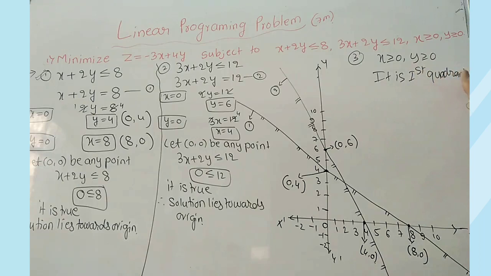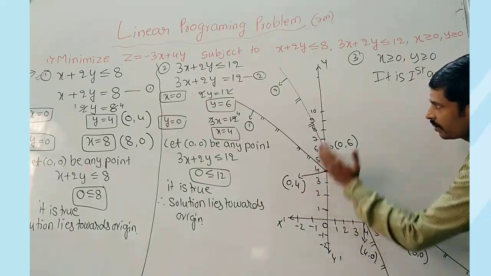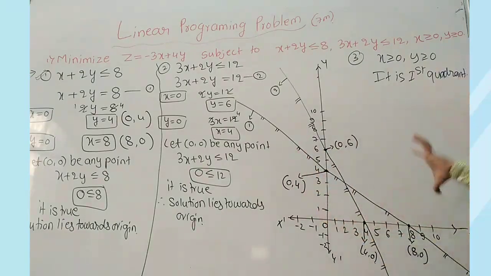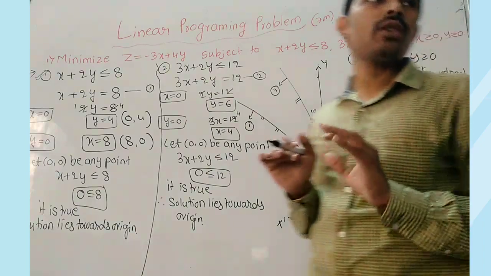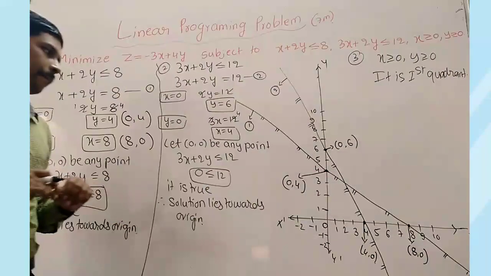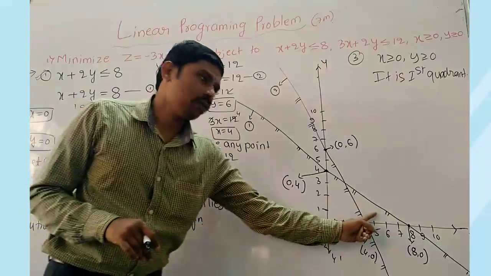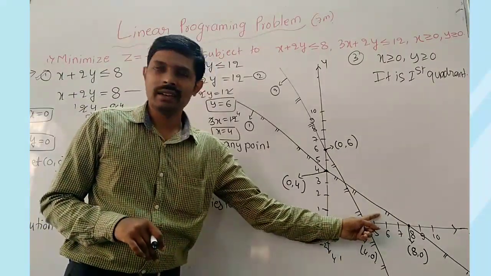It is the first quadrant. So students, now your job is to tell me what the common solution is, because I want to shade the common portion. Which common portion are we getting? Look at this. The first equation is this side. The second equation is also this side. Where will we get the common portion? Observe properly. This one, no? Why not this one?